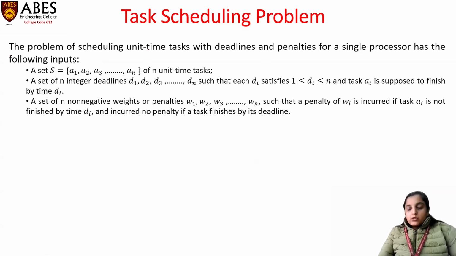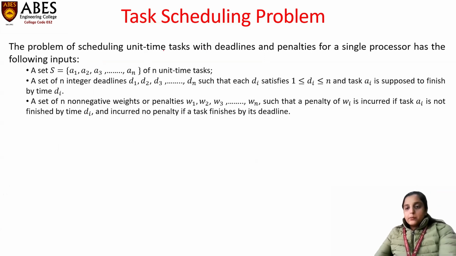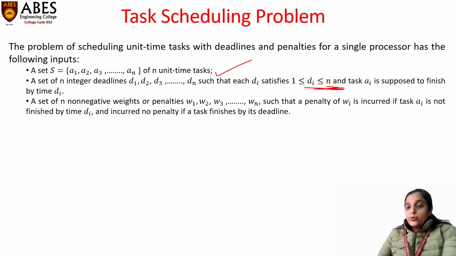So in this particular question, let me take my pen. In this problem, you're going to get some tasks. Along with the tasks, you will also get the deadline, meaning by which date or by which time you have to wind up that task.